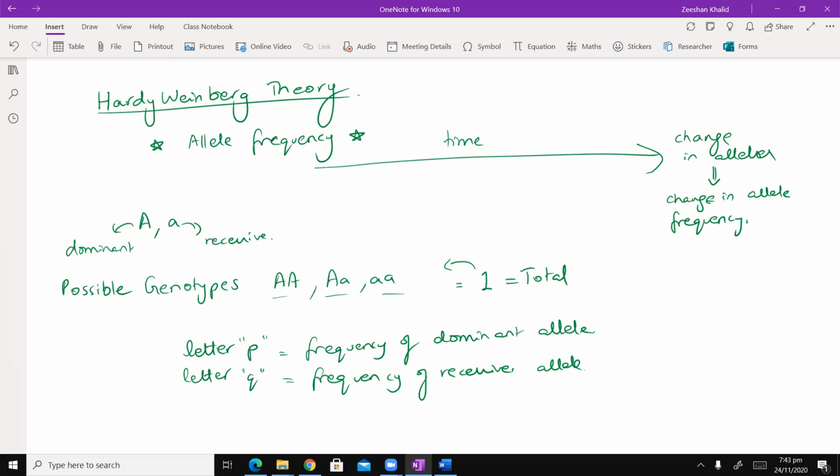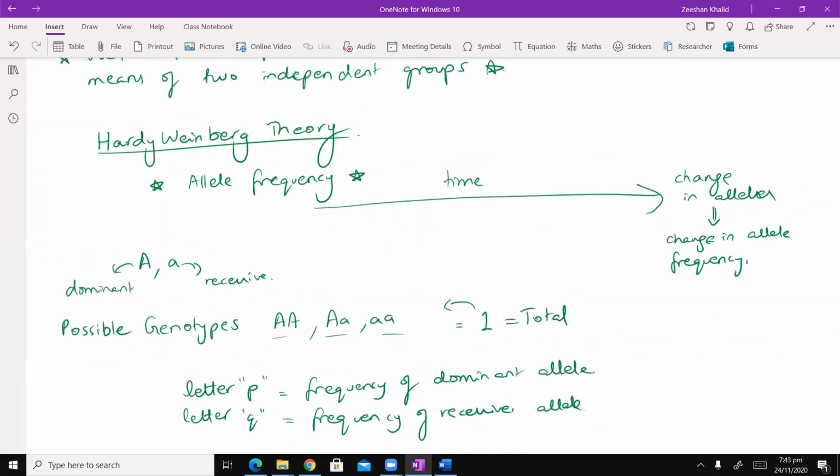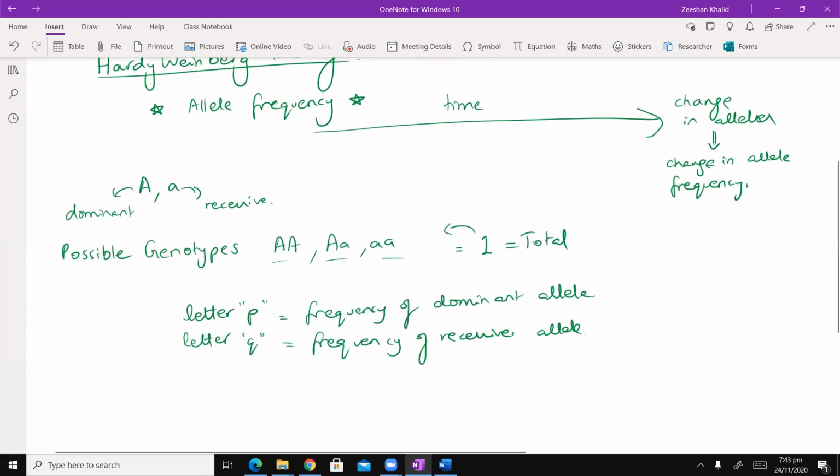So if I were to say that the total for a population is 1, can we try and make an equation relationship between the following? I have not yet stated the theory's statement of the Hardy-Weinberg principle; I will come to that, but let's just try and see what this means.